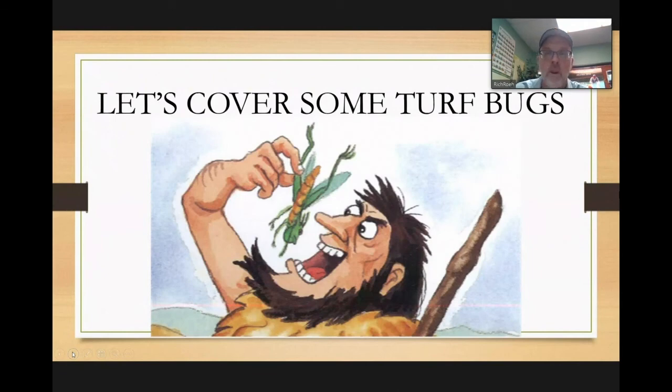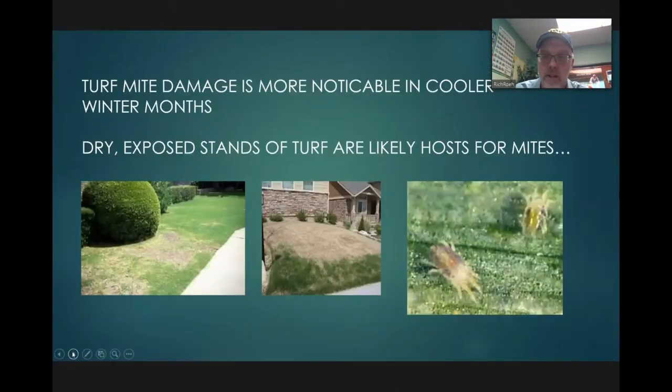All right, let's talk about some insects. One of the biggest problems in the fall and in the spring are turf mites, Banks grass mite and clover mites. These are the little small turf mites that come out in the cooler temperatures and the dry exposed turf areas. They get established on the turf and then just suck the juices out of it.